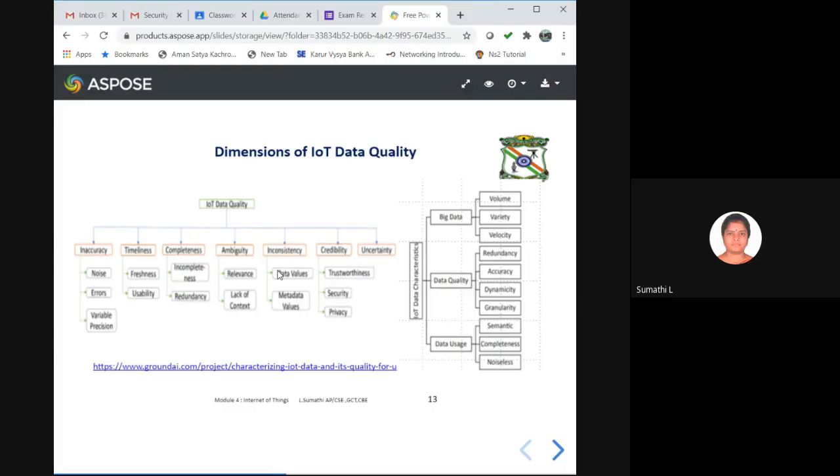Then inconsistency, which is the same as what I have discussed: when you consider the context in which the data is being generated, you may have some inconsistency. Then you have trustworthiness, how far I have to trust the data based on its source. All these things you consider when you handle your IoT data, right?